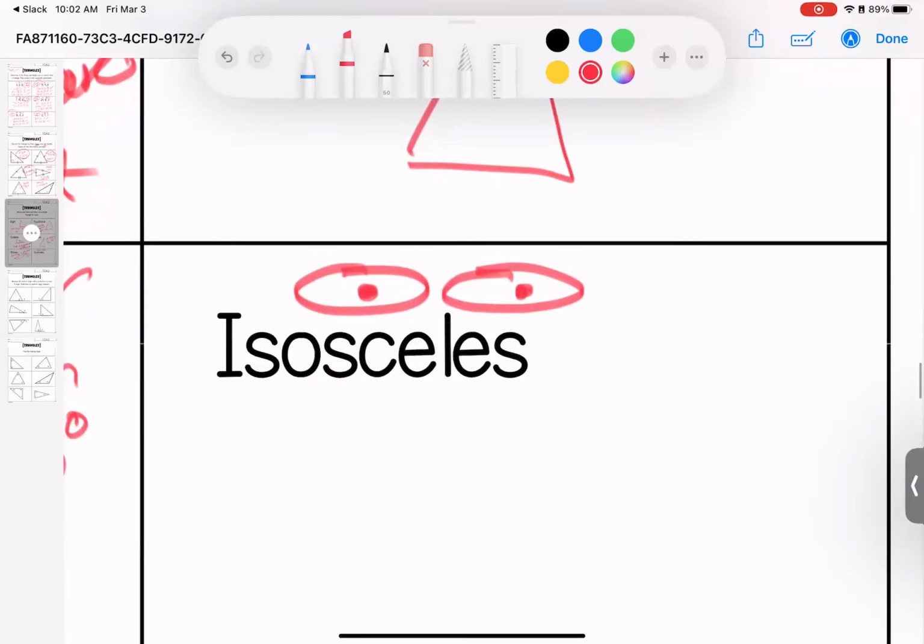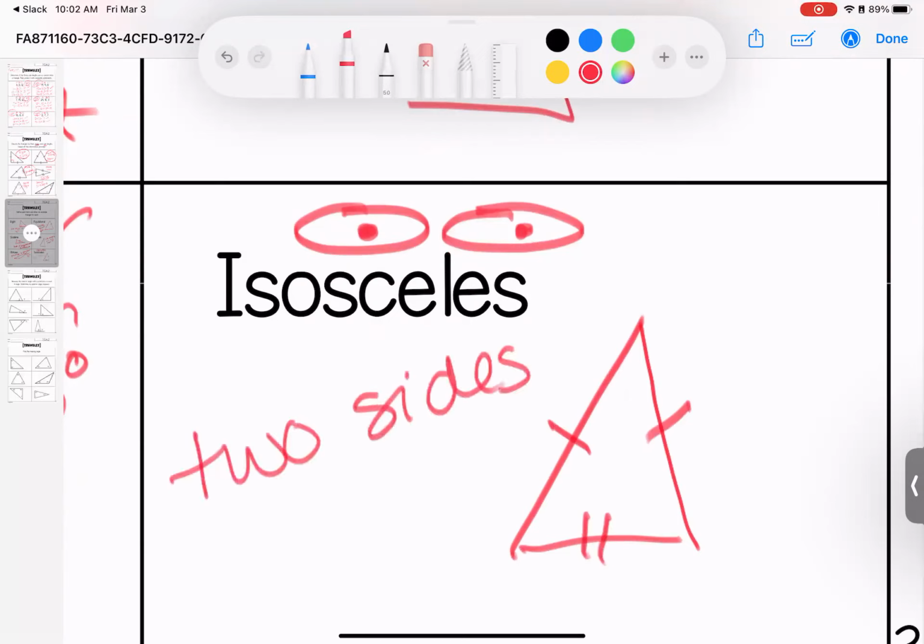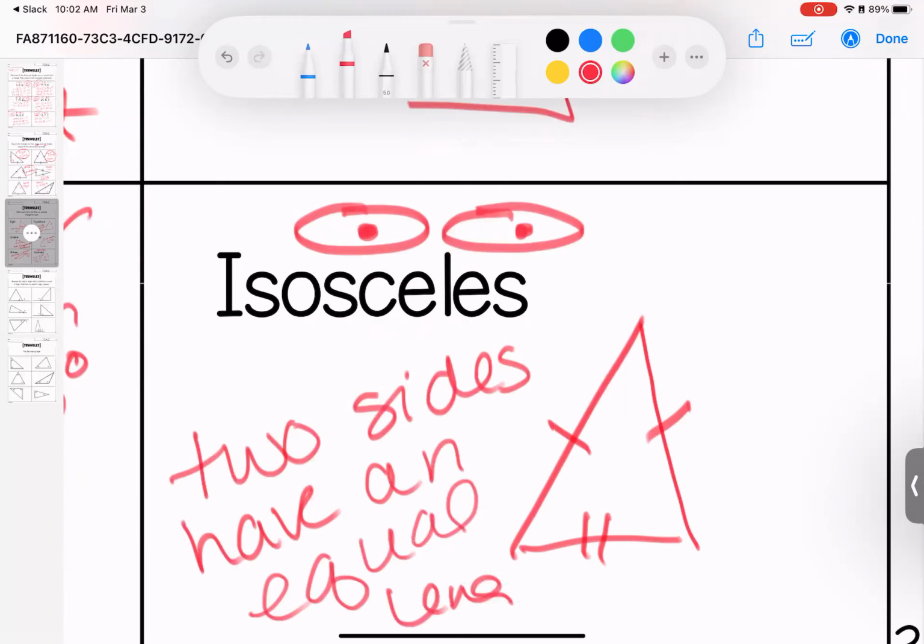Isosceles, two Is, two sides have to be the same. So two sides have an equal length. Any questions on these? Bring them with you to class.